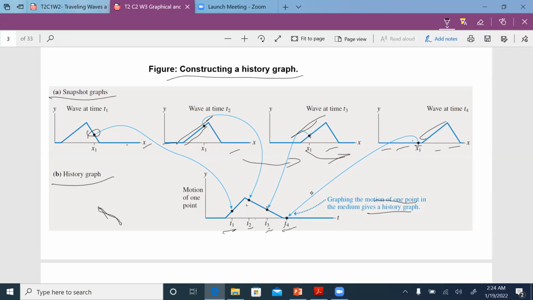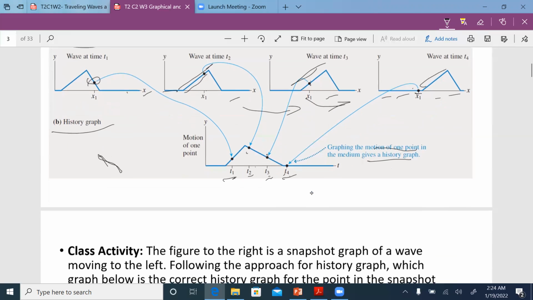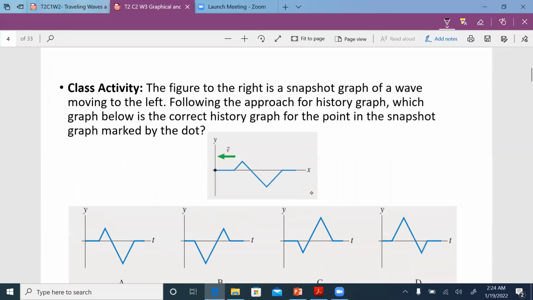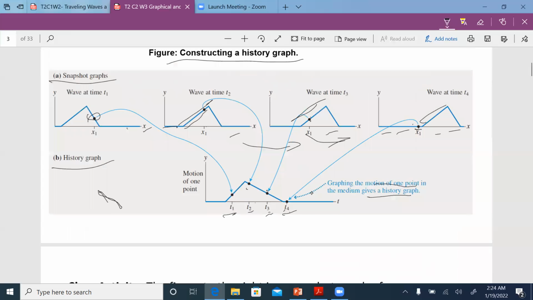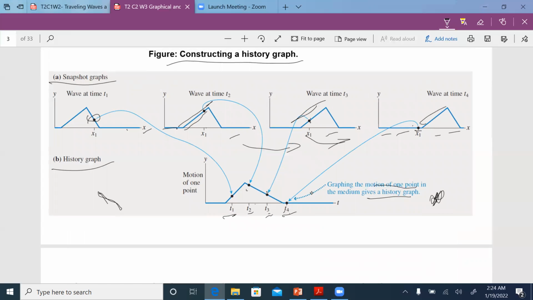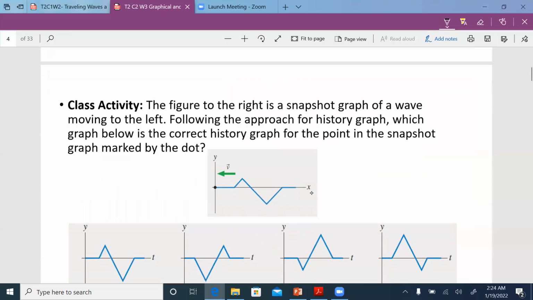So this is typically how the history graph is constructed. It gives you the history or the journey of the wave motion. I said that we noticed there was a flip here, and we emphasize that it does not really happen in all cases, but most of the time there's a flip.